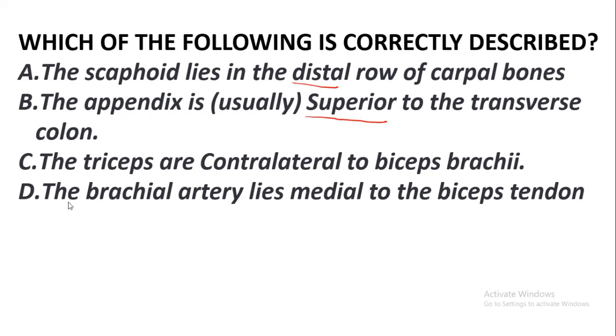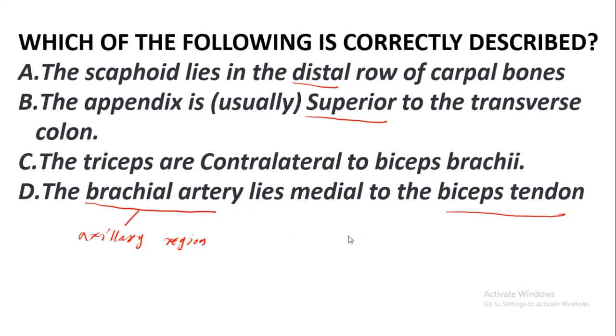Then when you talk of the brachial artery, this is found in the axillary region of the body. This axillary region is close to the median line, or the sagittal line. And when you talk of the biceps, this is a little bit away from the median line.